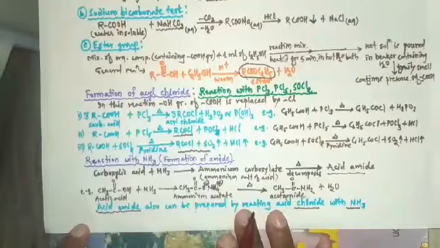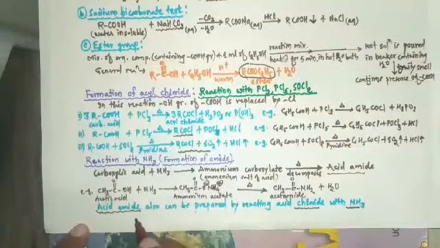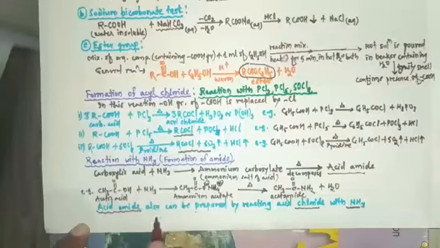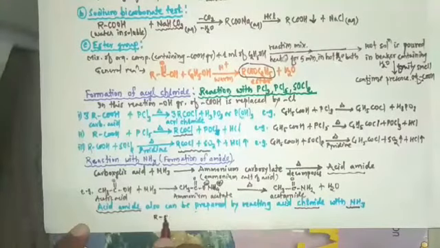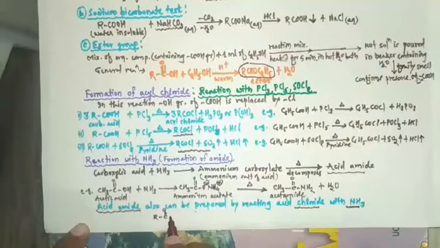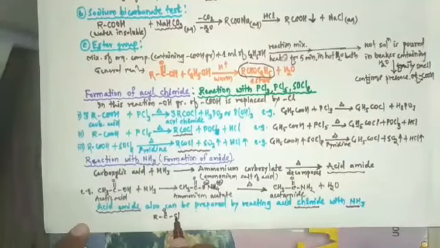So let's take one example. The general reaction can be represented as: we are going to react acid chloride with ammonia. Acid chloride has the formula RC double bond O, Cl.